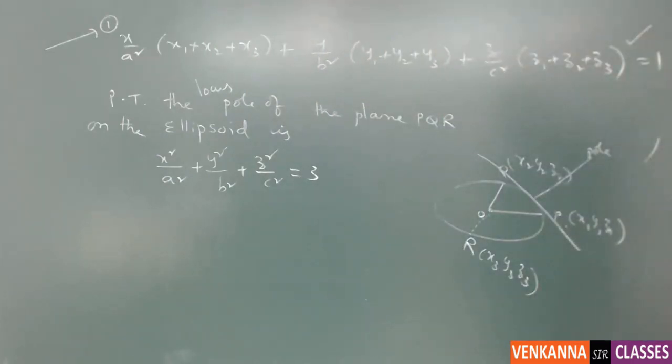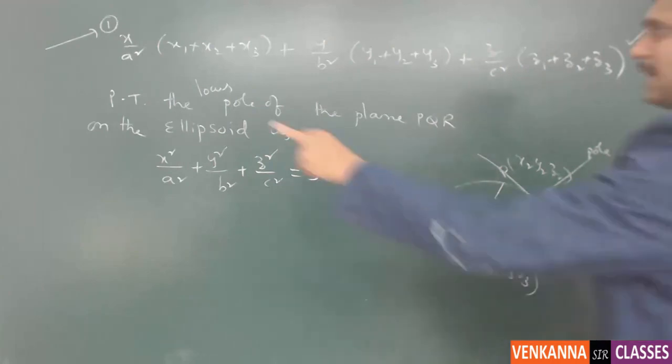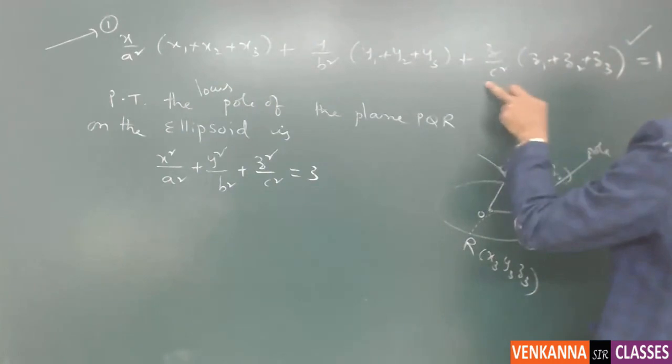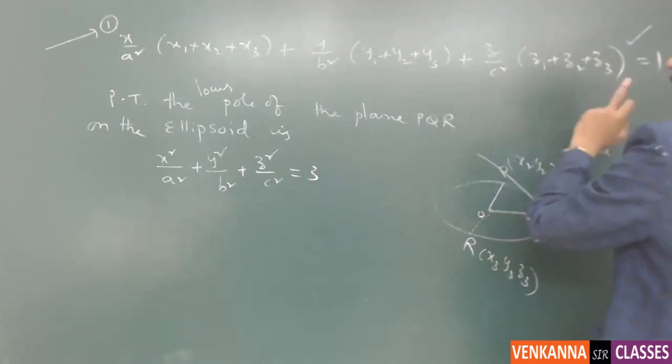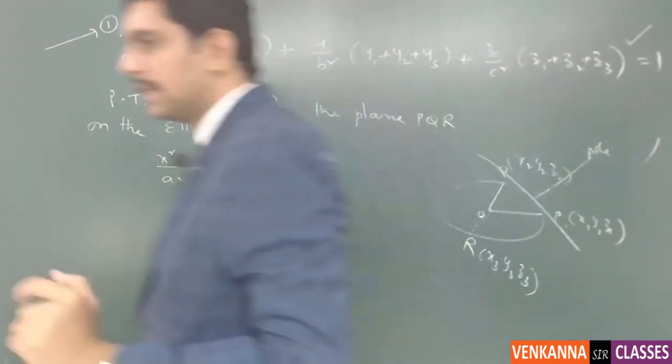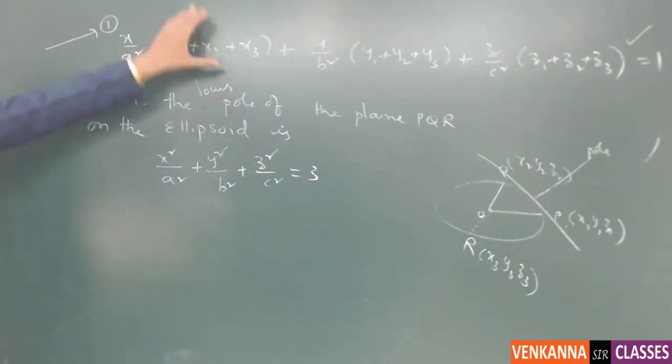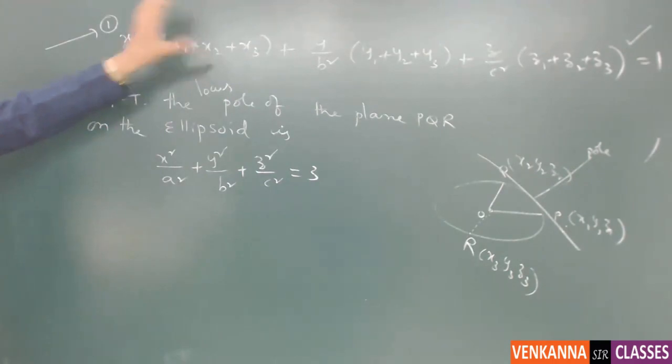So in the first place, we have to write the entire plane equation, and you have to obtain this plane equation first. That is step 1. Clear? In the exam, you have to write this part again, the deduction of how this plane equation has come.